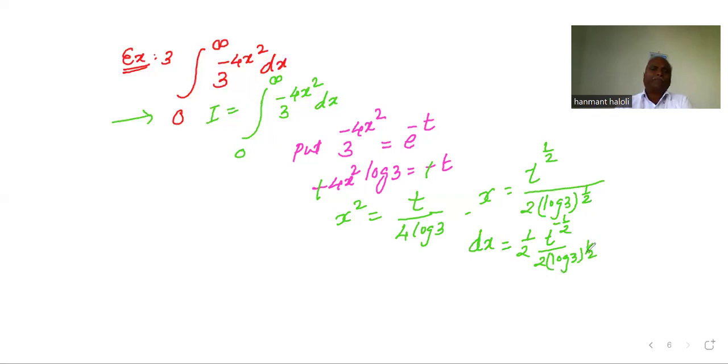Now check the limits. As we put x equal to 0, e raised to 0 becomes 1, and t also becomes 0. And as x tends to infinity, t tends to infinity.